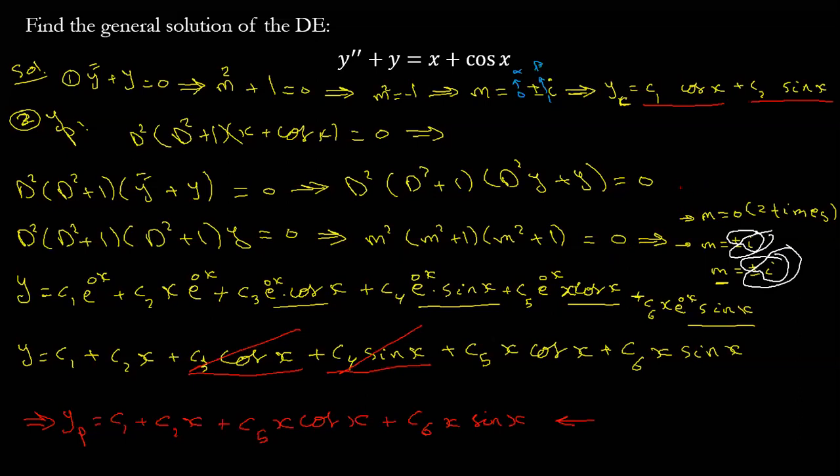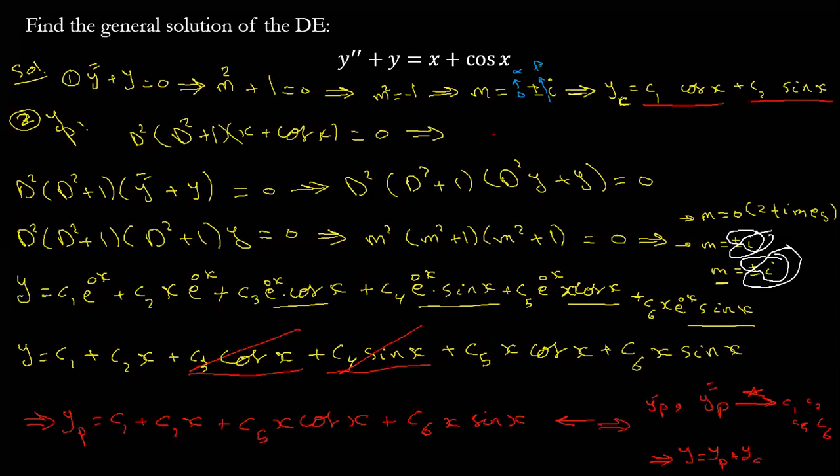I don't have space here and time to do it. So please, now you need to find y prime p and y double prime p and plug into equation star to get the values of C1, C2, C5, and C6. Then the general solution is y equal yb plus yc.